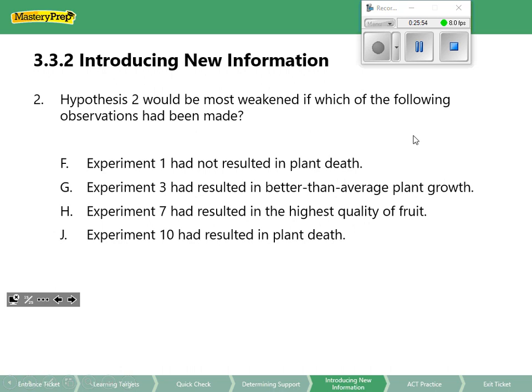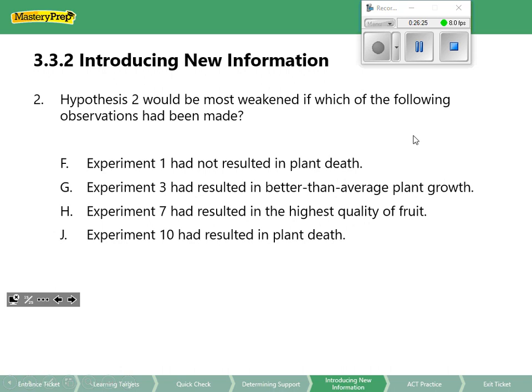Experiment 1 had not resulted in plant death. Ultraviolet light, while generally harmful to living creatures, has a beneficial effect on plant growth. Experiment 3 had resulted in better than average plant growth.